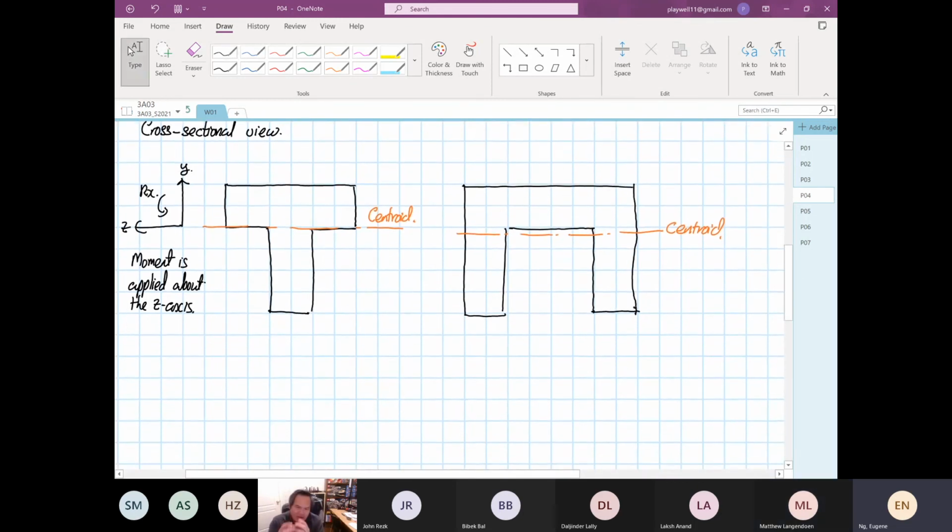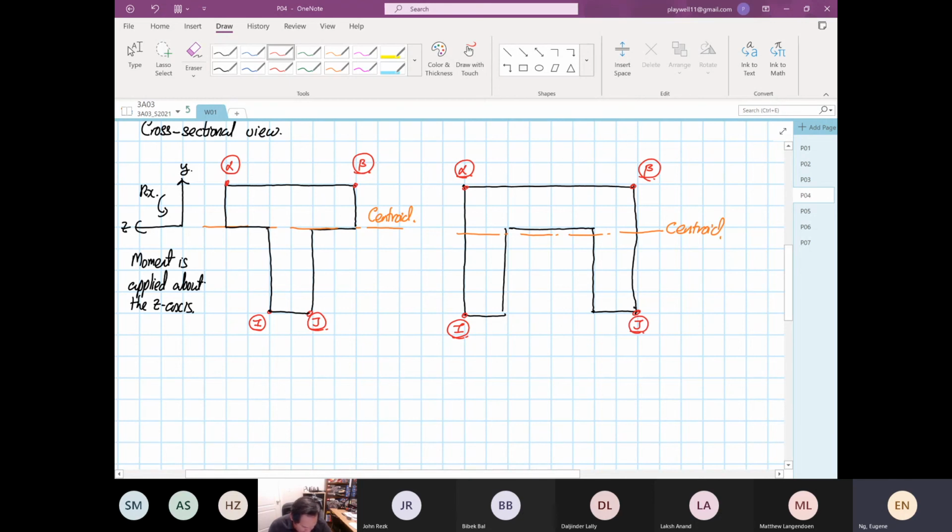Let me show you what it actually means by symmetrical loading. We're going to label these points as alpha, beta, I, and point J, in both cross sections.